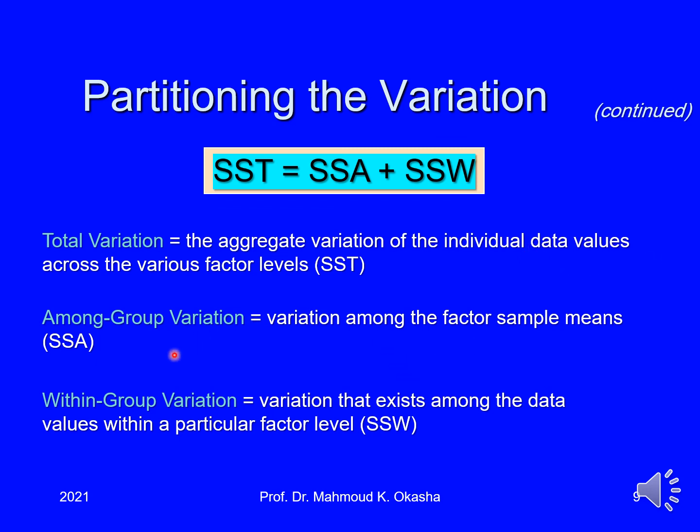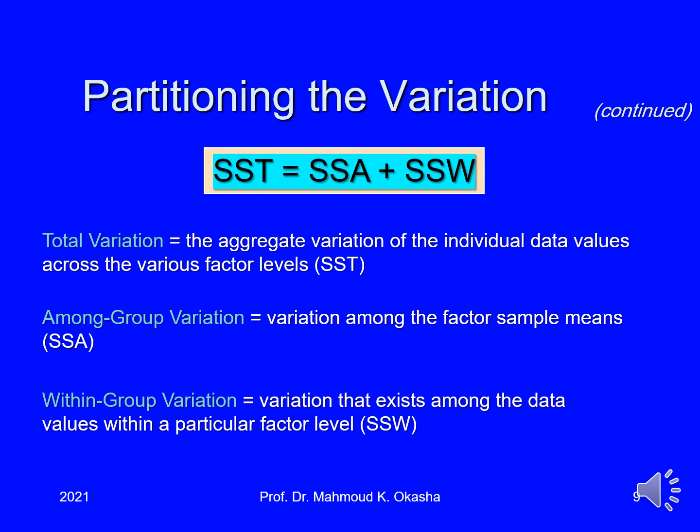And then the among group variation is among the factor sample means, right? And the within group variation is the variation that exists among the data values within a particular factor level.